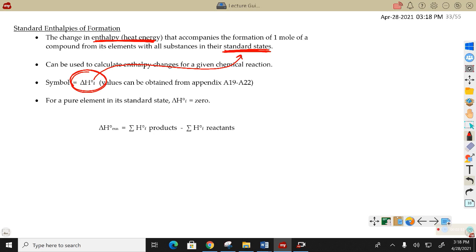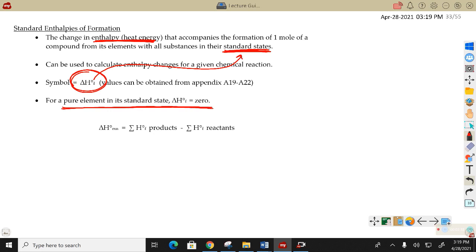Cool. Now there is one thing that we should mention. Here we said that this heat of formation is for the formation of 1 mole of a compound from its elements. Well, that means that this enthalpy of formation value for a pure element in its standard state of matter is 0.